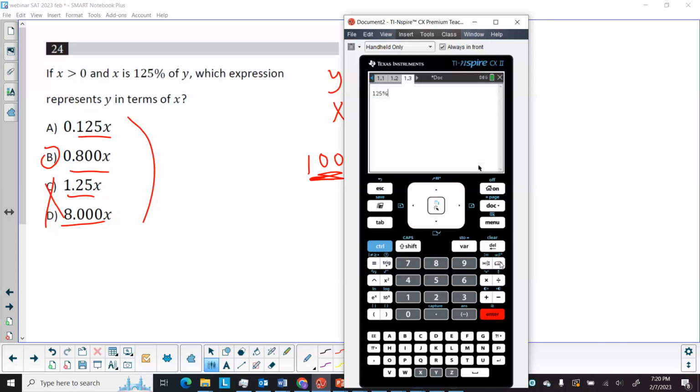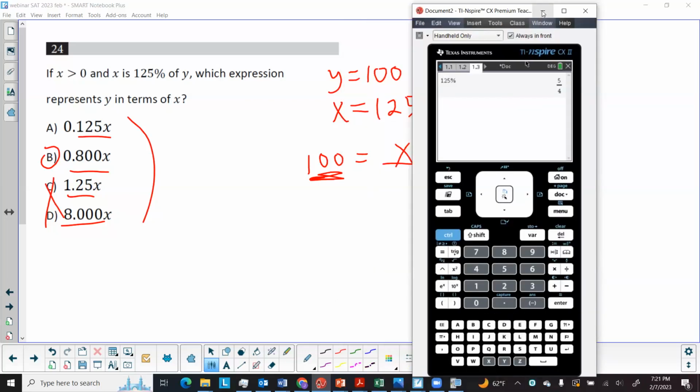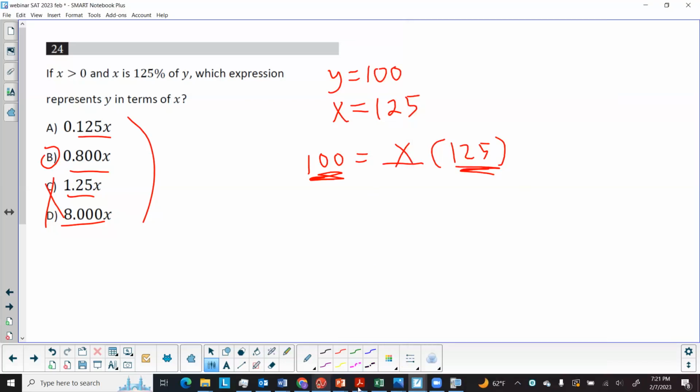Or you could find it, I think it might be over here, no, it's not over there. I thought it might be in one of these spots also. So in the Inspire, you can hit Control Doc and choose percent. On the 84, does anyone know if that's possible? I was thinking no, but I'd love it if somebody could find it. So let's see.